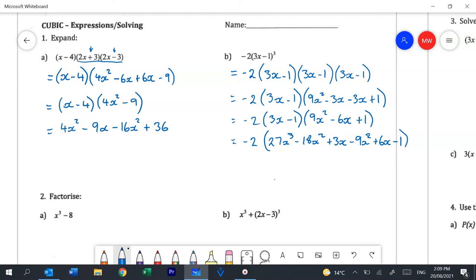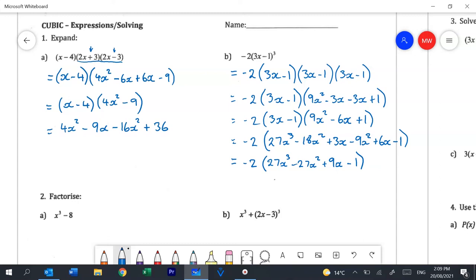Then what we're going to do is collect some like terms, and then we'll deal with that too. So here we go. 27x cubed. We have got minus 18 minus 9x squared. So we've got minus 27x squared. And then we've got 3x's plus 6x's makes 9x's. And we've got a minus 1 on the end there.